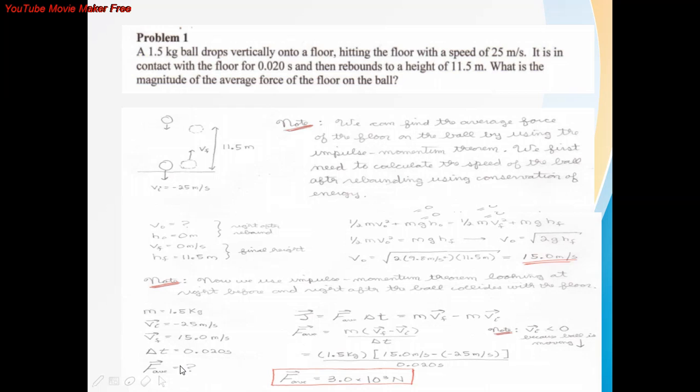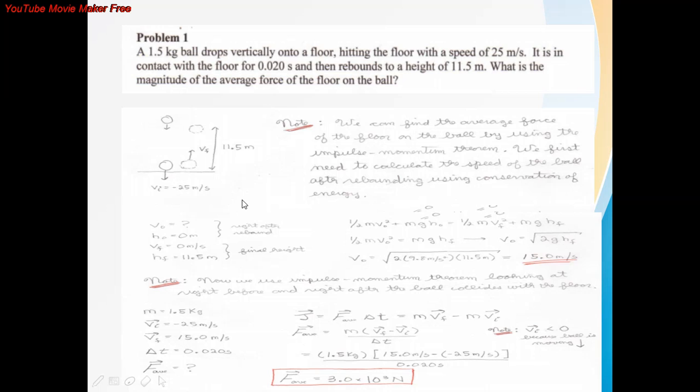We have to calculate the average force: F average times delta T is equal to m vf minus m vi, right? So the mass we know is 1.5 kg, and vf, the final velocity, is 15 meter per second, and the initial velocity is 25 meter per second.